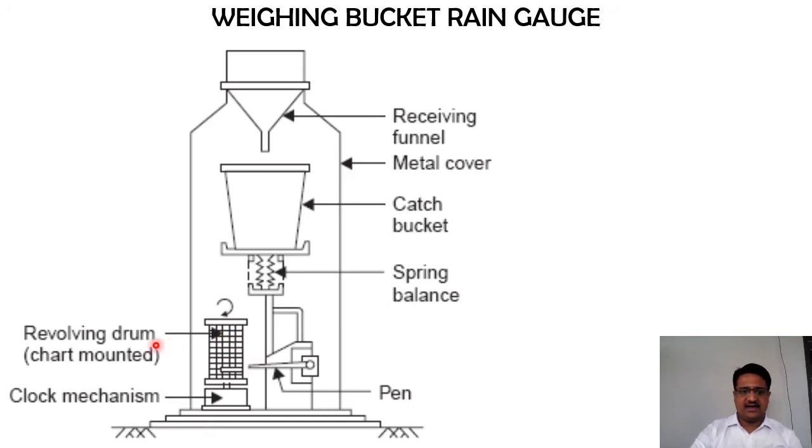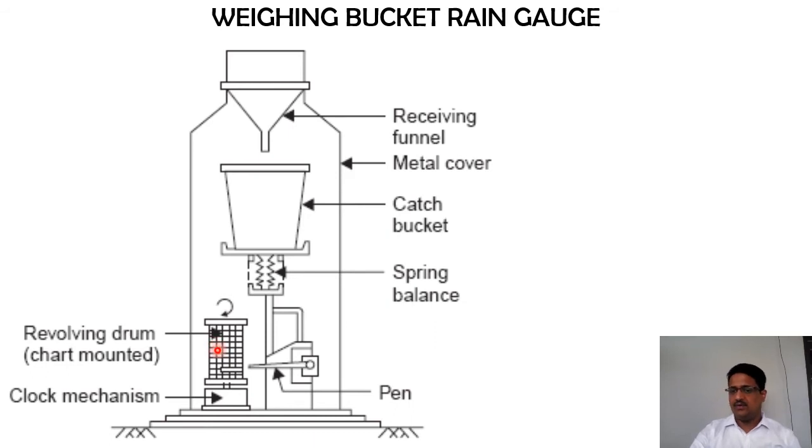Then we have a revolving drum with a mounted chart, and a clock mechanism. Based on the duration of time, we can set it up so that one complete rotation of the drum takes 24 hours.